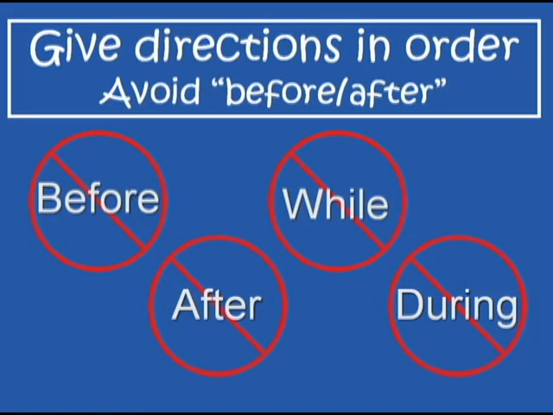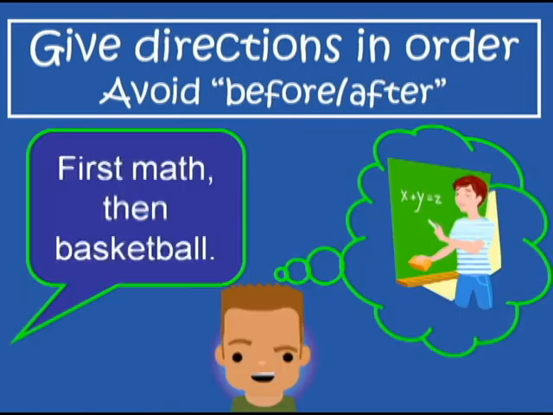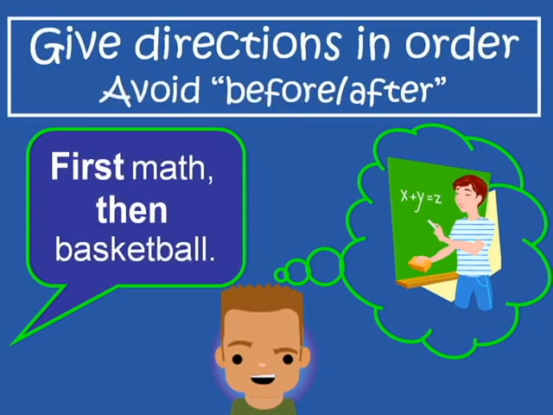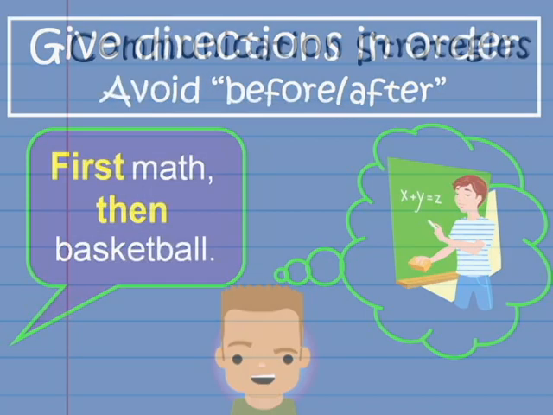Learners with communication delays may not yet understand the meaning of time concepts, such as before, after, while, and during. State your activities in the order that they will happen. Using the word first can be useful to build understanding of time and sequence of events. For example, first math, then basketball.